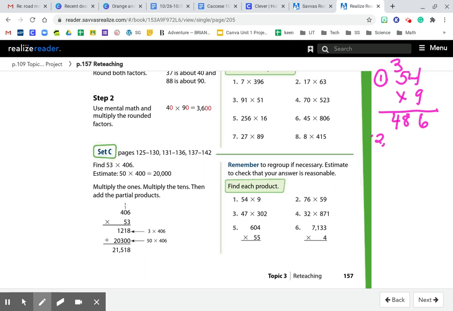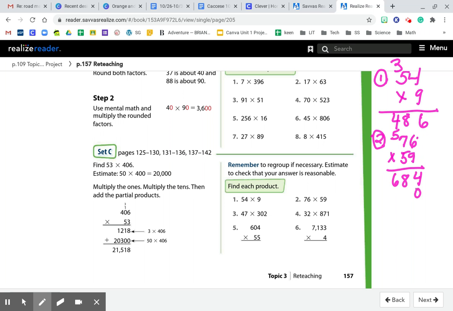Number 2, 76 times 59. So we have 9 times 6 is 54. Carry the 5. 9 times 7 is 63, plus 5 is 68. 5 times 6, which is actually a 50.